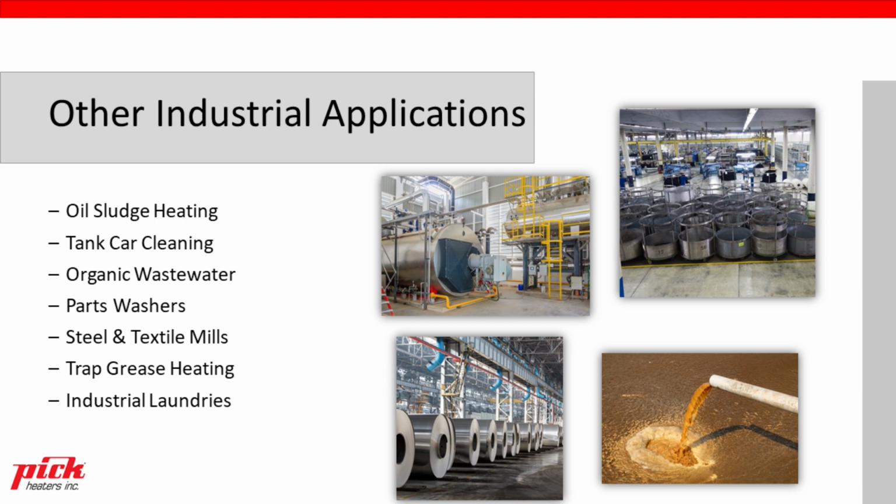And then we've also seen use from industrial laundries. But again, as I mentioned earlier in the presentation, most of our applications, I should say all of our applications, are strictly industrial, so no commercial, HVAC, or residential applications.